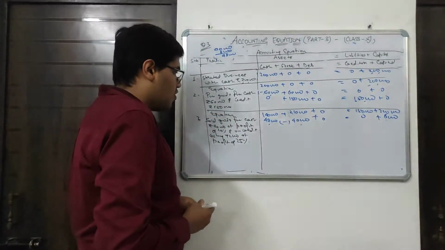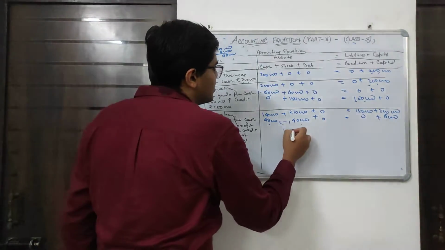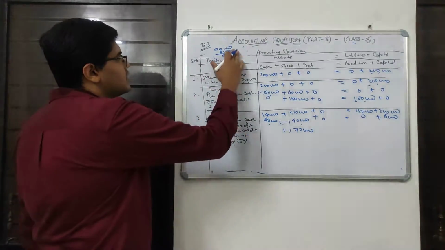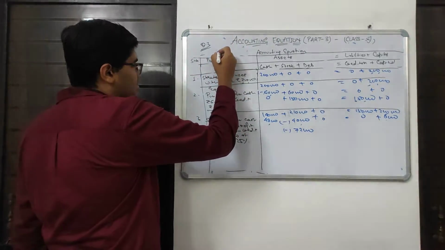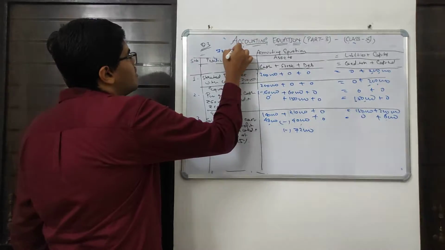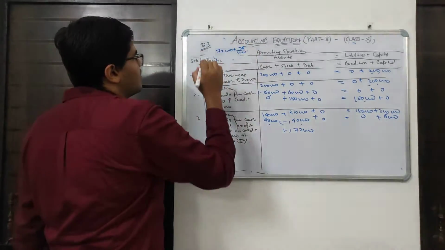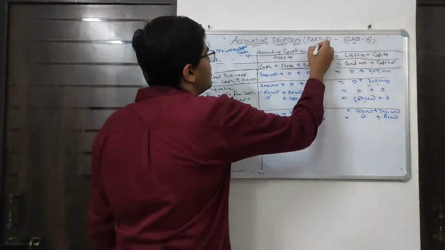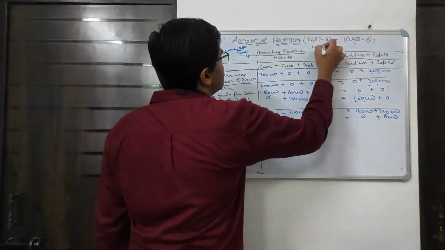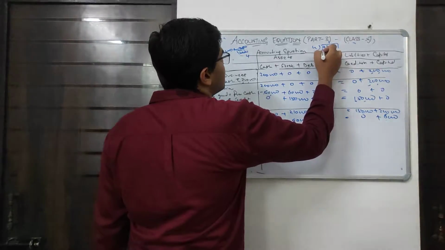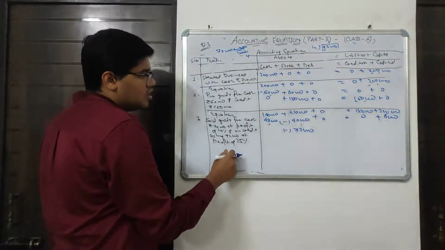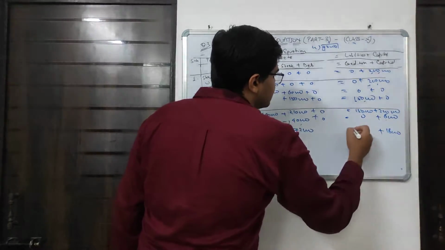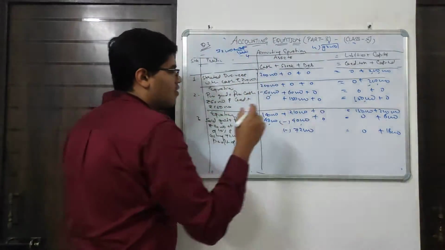So the cost price, 72,000, will be deducted from stock. The profit is 25% of 72,000. Let us divide: 72,000 divided by 4 is 18,000. So 18,000 will be added over in the capital since it is profit.